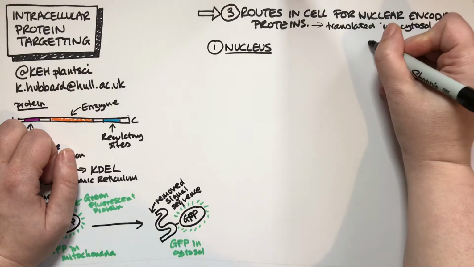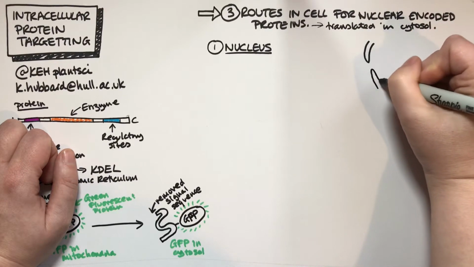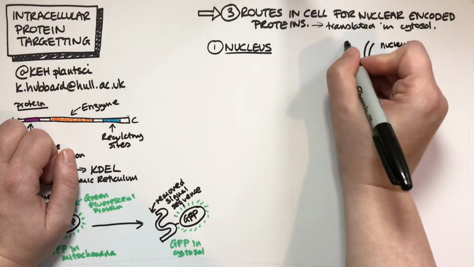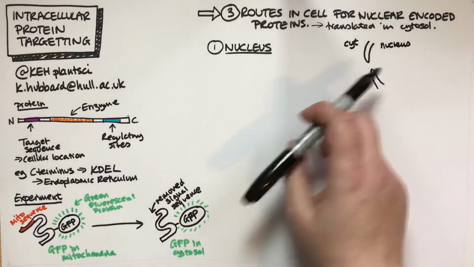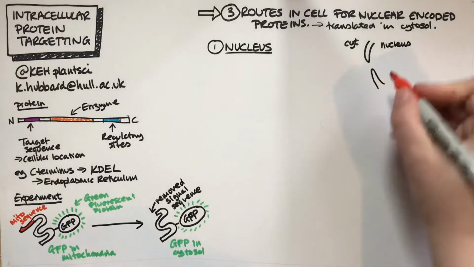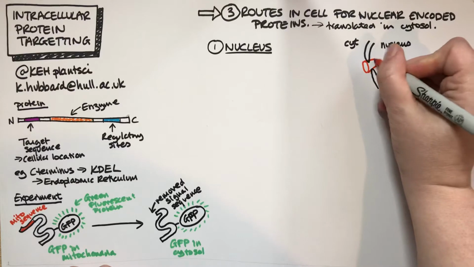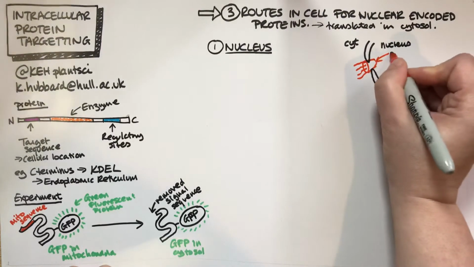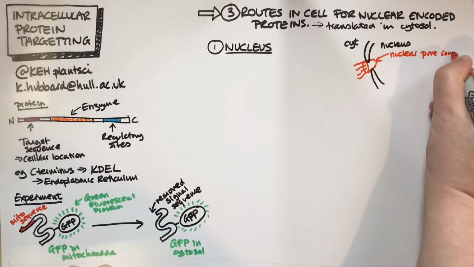Well, you probably know, so we know that the nucleus is a double membraned organelle, but it does have gaps in its membranes, and those gaps in its membranes are what we call a nuclear pore complex.